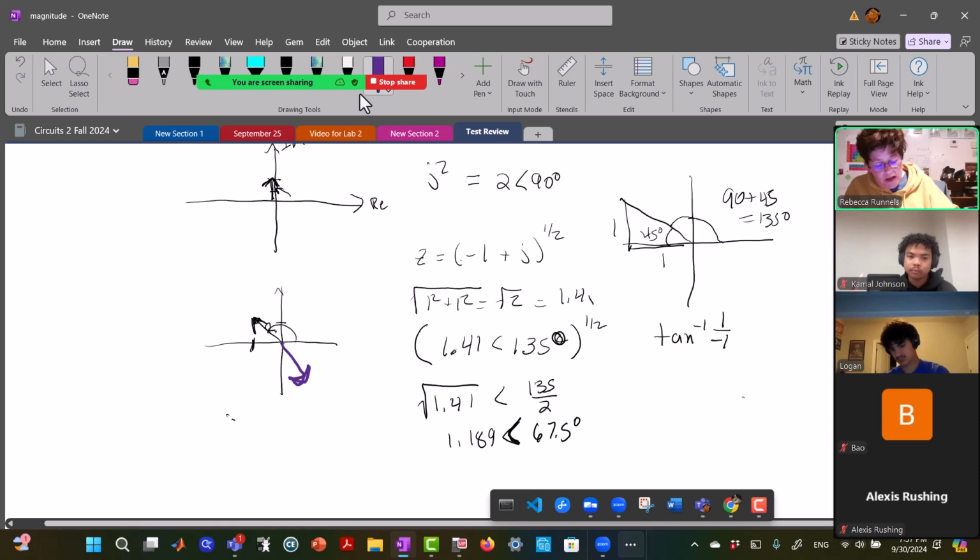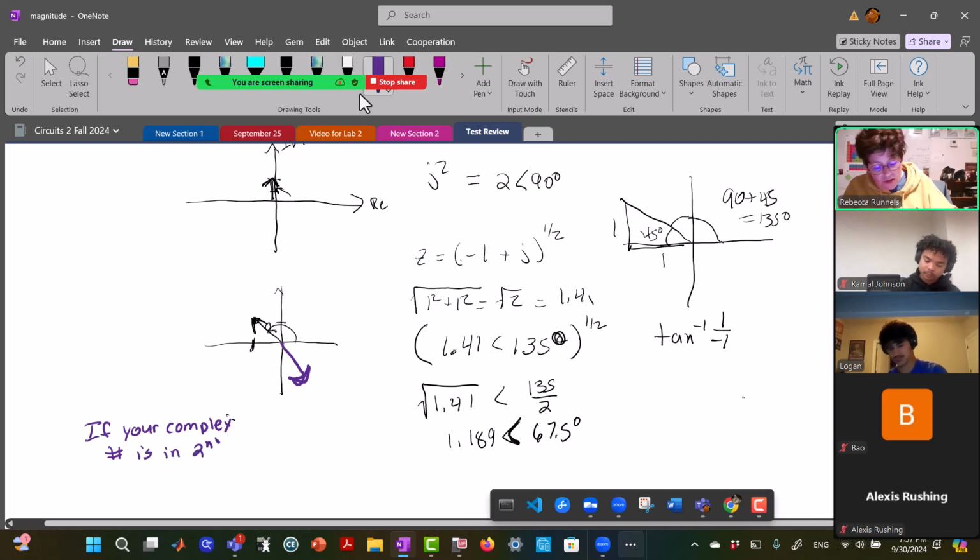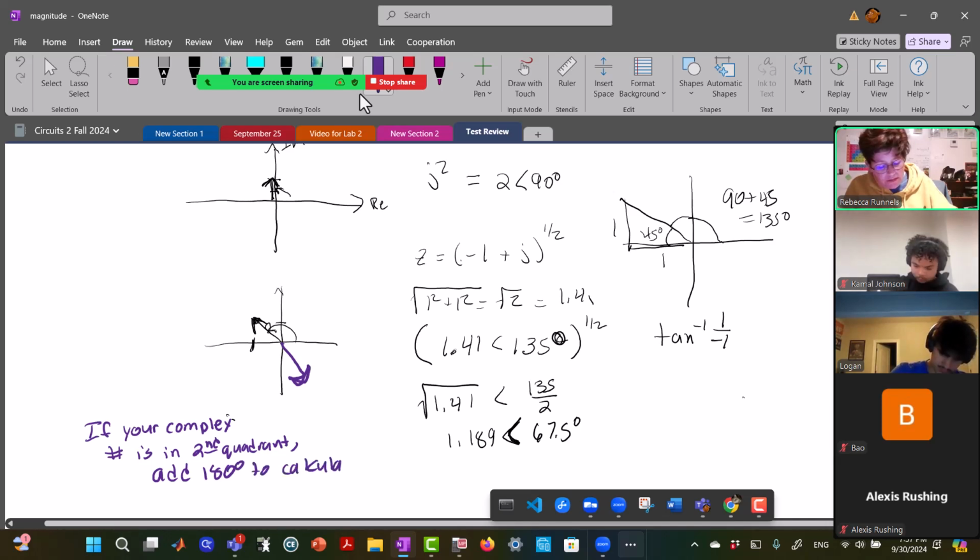So if your complex number is in the second quadrant, you will add 180 degrees to the calculator answer.